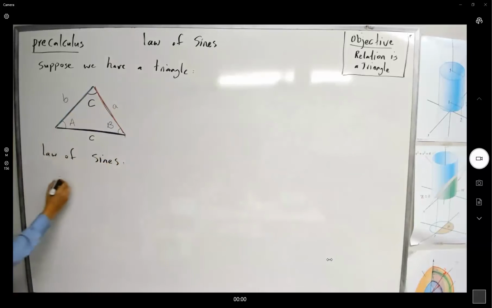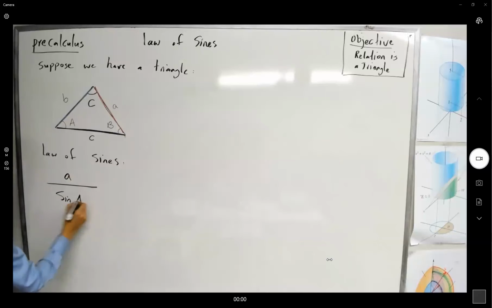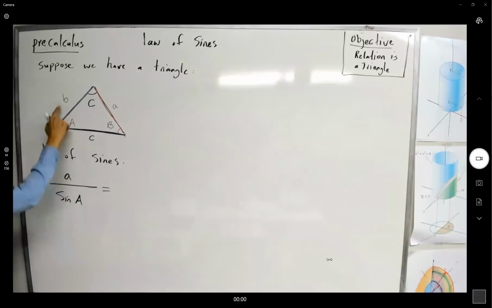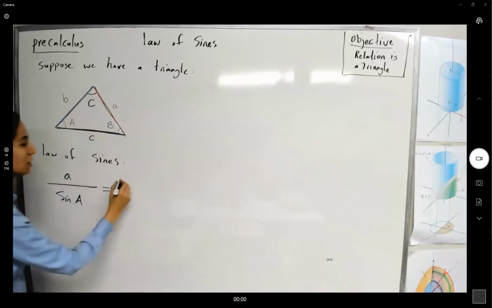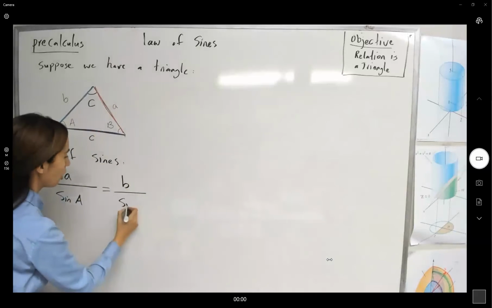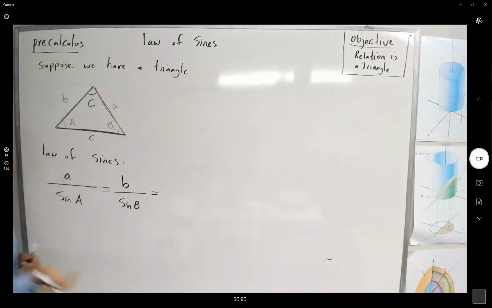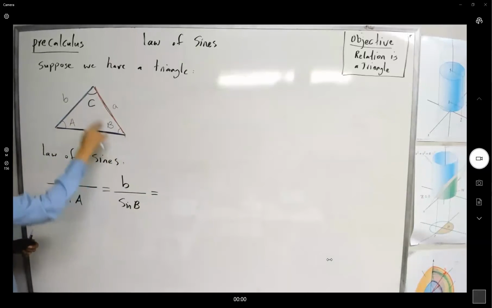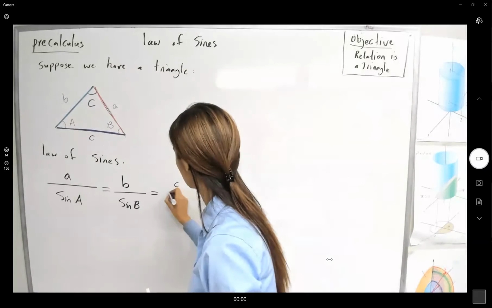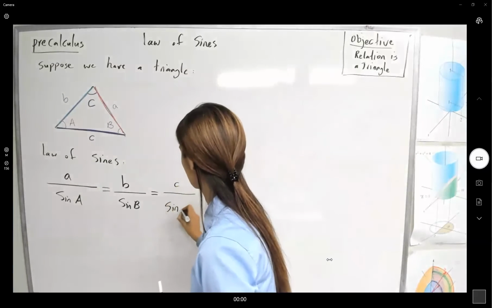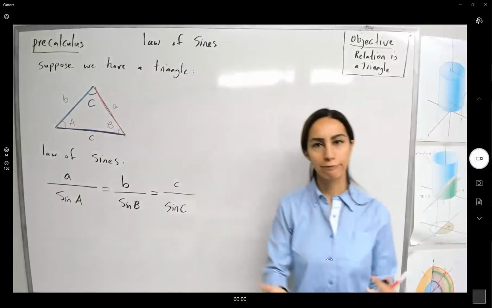So if you have side A divided by sine of angle A, this is equal to B divided by sine of angle B, which is equal to, as you guessed, side C divided by sine of angle C. Can I flip this?